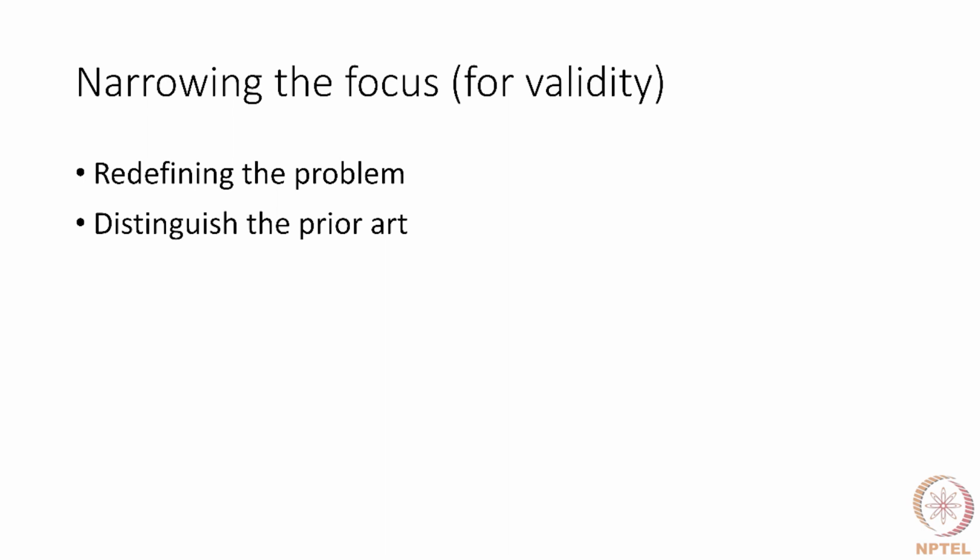So this balance has to be maintained of ensuring the claim is broad enough so that it is enforced effectively, and narrow enough so that it does not fall foul of the prior art, so that there is no validity challenge posed on the invention.